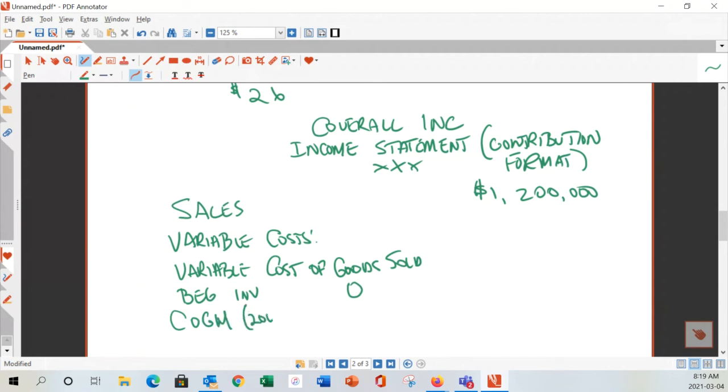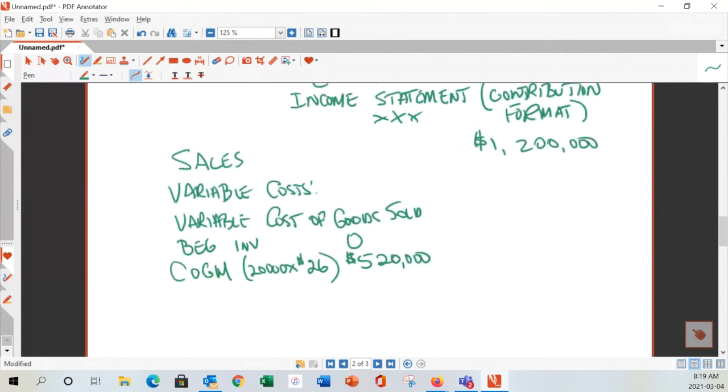All right, so we manufactured 20,000 units, and our variable cost is the $26. $520,000. Okay, I guess you could do goods available, so let's do that just to keep our formats consistent.